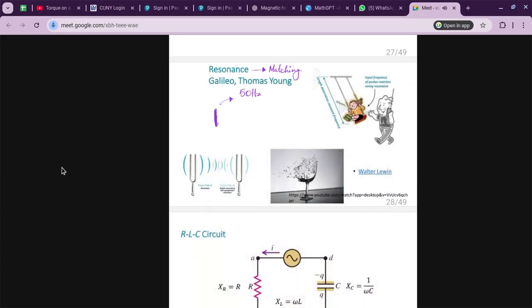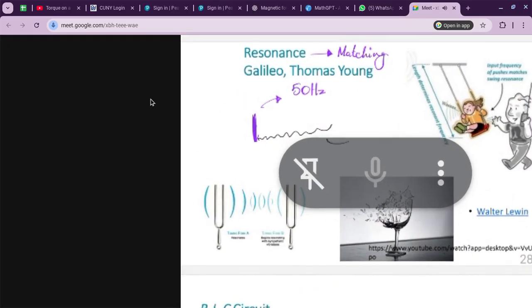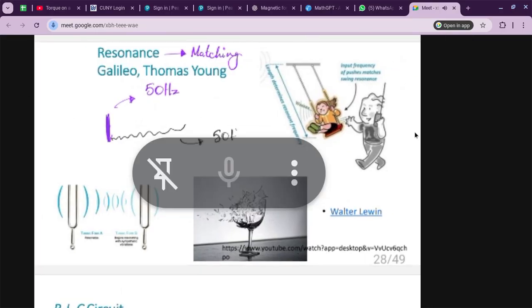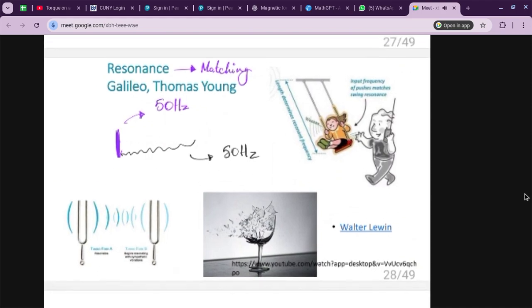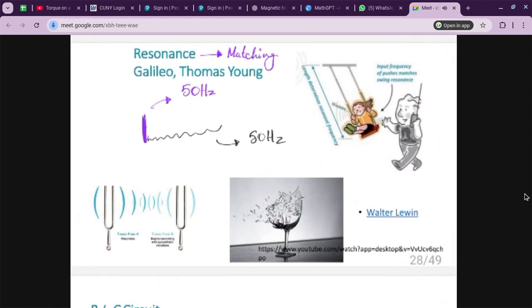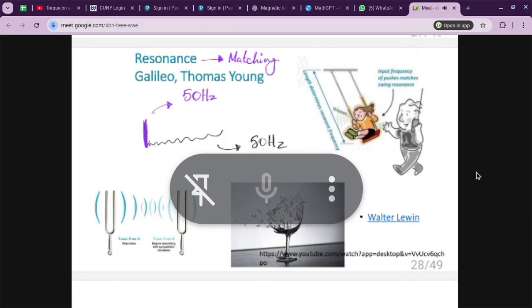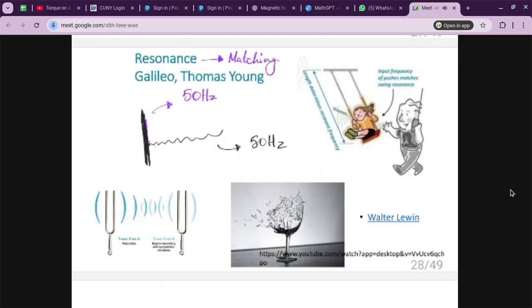Now, if I provide a wave of 50 hertz, there is a matching of this wave and this particle's motion, so what will happen? An interference pattern will occur, and due to the matching of the same frequencies, the vibration of the atom will be huge, due to the constructive interference of the vibration of the atom with the wave.